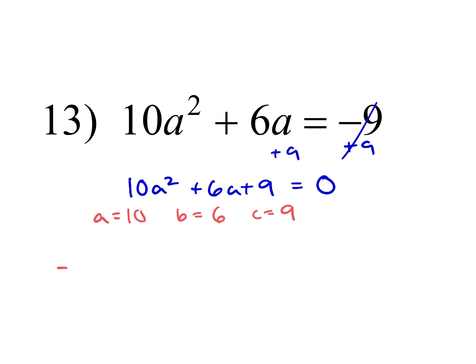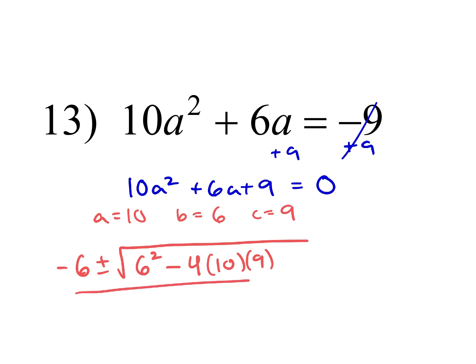So negative 6 plus or minus the square root. What goes under the square root? 6 squared. And then negative 4, times 10 and times 9. And then what's on the bottom? 2 times 10.